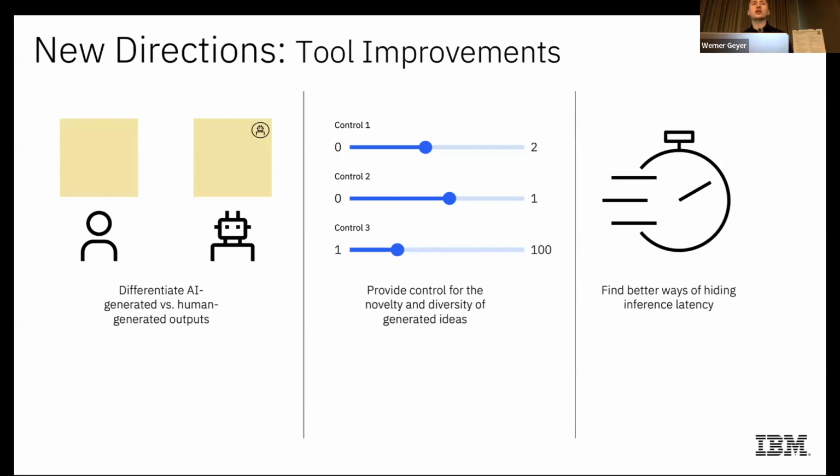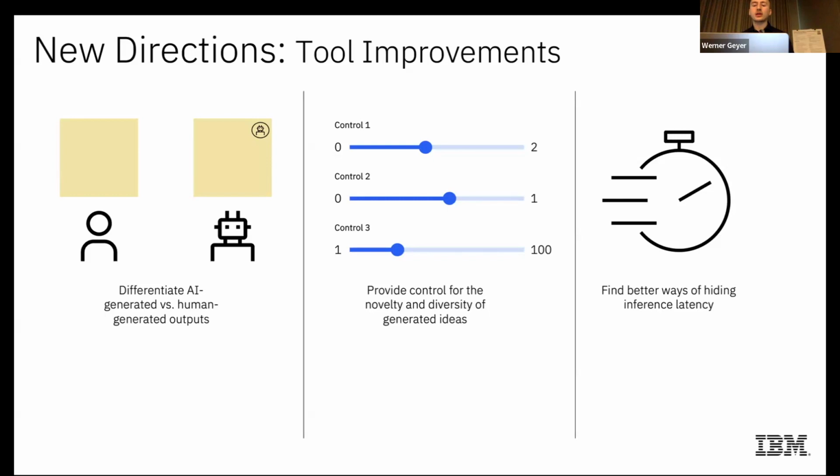They suggested using special cues like icons or outlines to differentiate the sticky notes that were created by the AI.